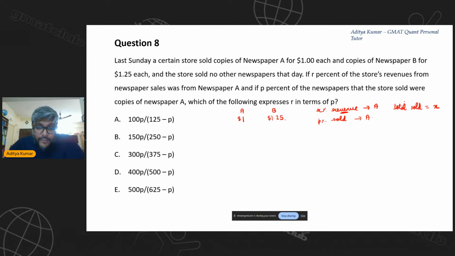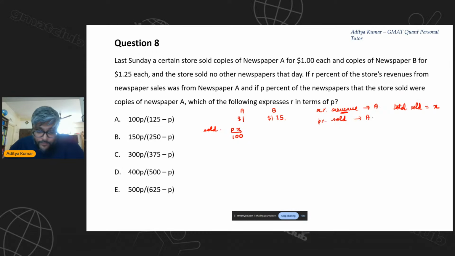right? So if the total number of newspapers sold is X, P percent of the newspapers sold were of newspaper A. Yes? All of y'all? So if P percent of the newspapers sold were for newspaper A, how many newspapers were sold for A? Px by 100.